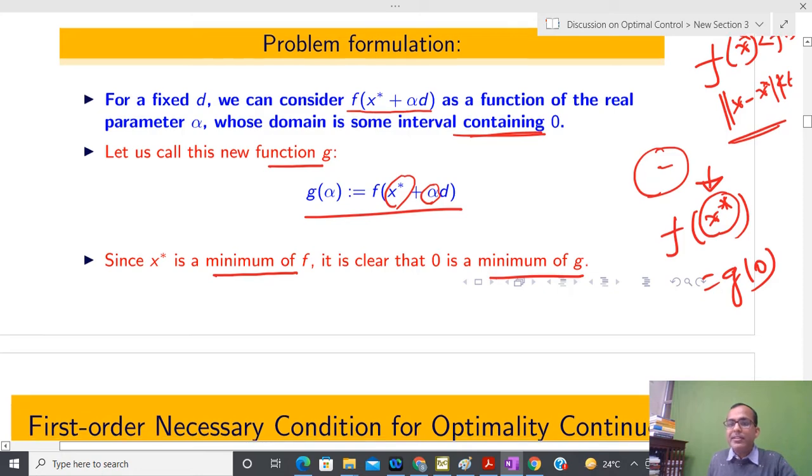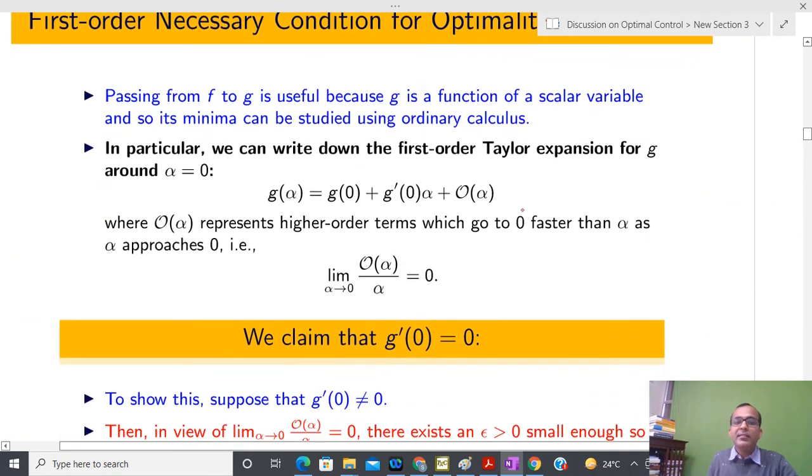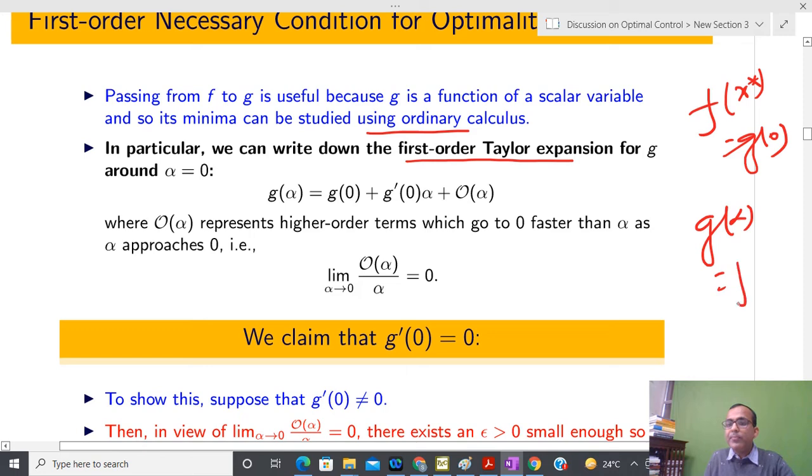And whenever I have a scalar valued function, I can apply results from ordinary calculus. What I am going to do is perform the first order Taylor series expansion of g around alpha equal to 0, because I have defined g of alpha equal to f of x star plus alpha d. So if I put alpha equal to 0, then g of 0 equals f of x star. So whether I solve the problem for g or f, that doesn't matter.